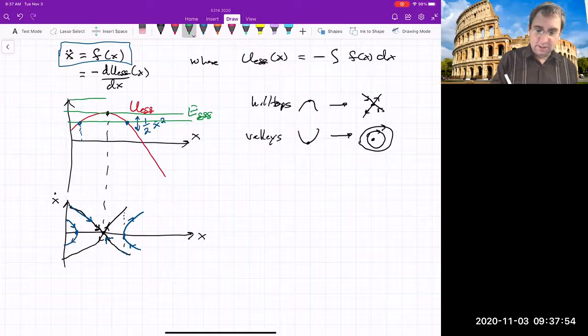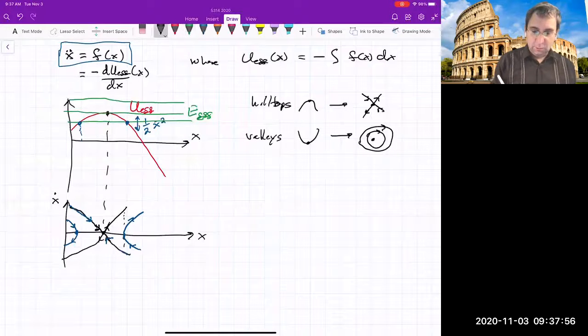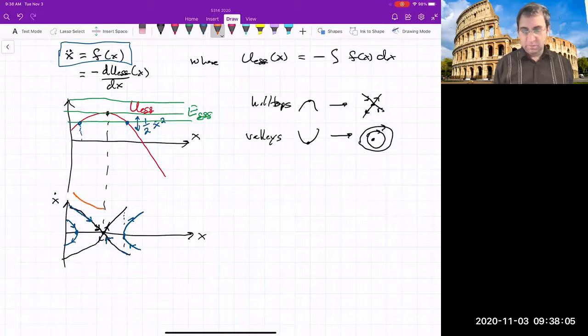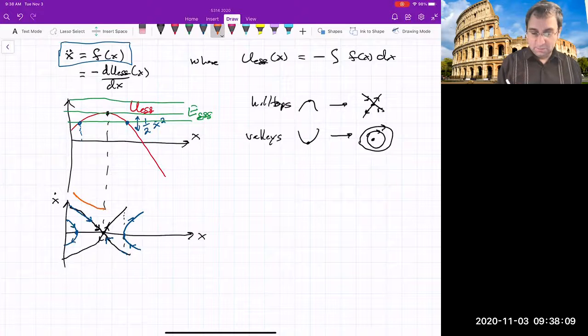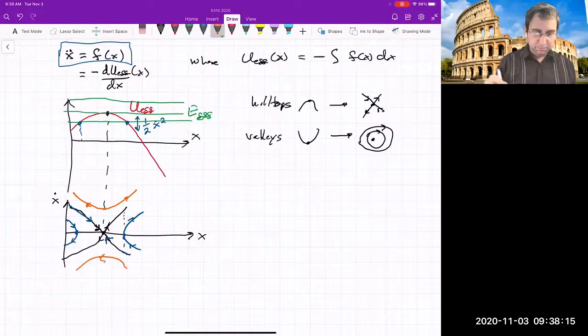If we had an energy that's above both, then it would look like, I'll write this in orange. It would have its lowest velocity when it's above or near or passing through the hilltop, and then it would go on like that. If you're wondering, how do I know what direction to plot the arrows? It's because in this upper half plane, x dot is greater than 0.